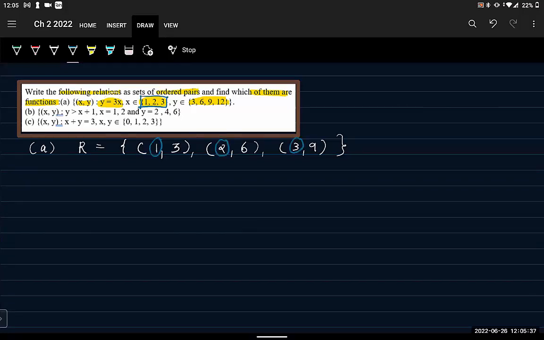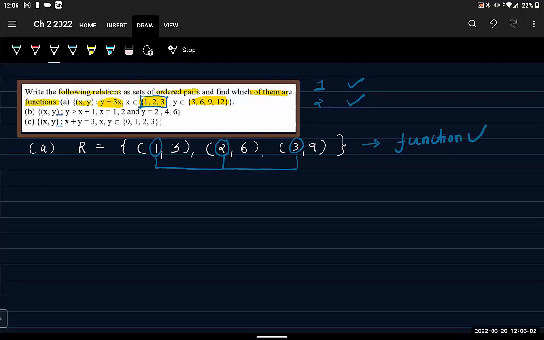All the elements of the domain are utilized. So our first condition is satisfied. Now looking at the second condition, which says the element of the domain must not be repeated: in all the ordered pairs, we have different values of the domain. So our second condition is also satisfied. So yes, we can say the first relation is a function.